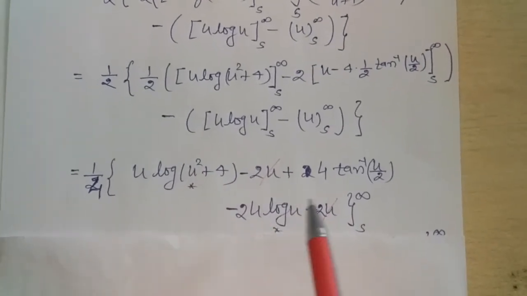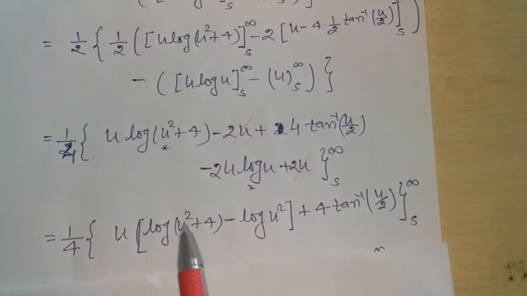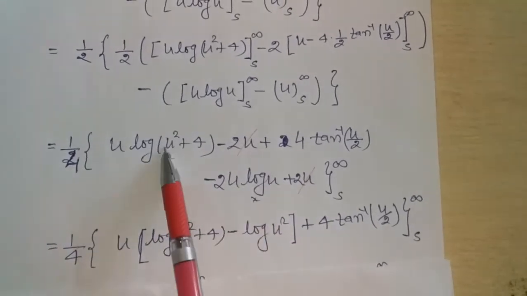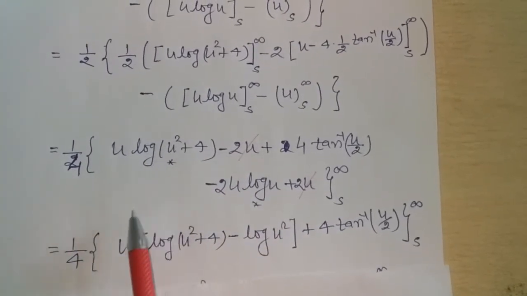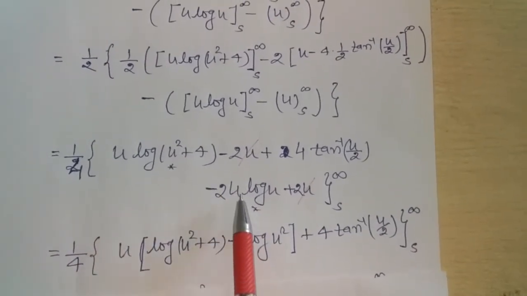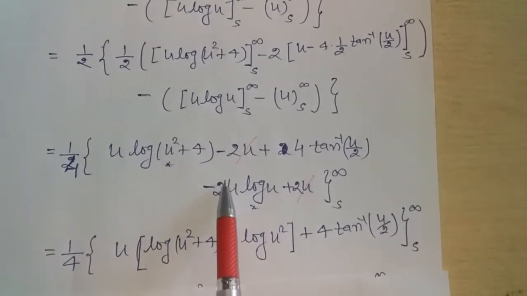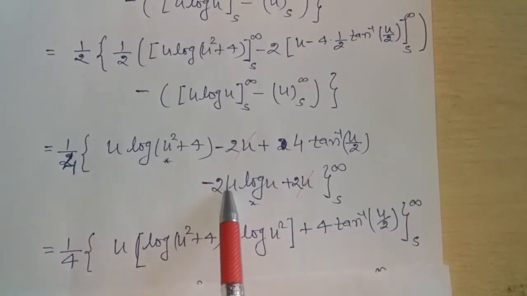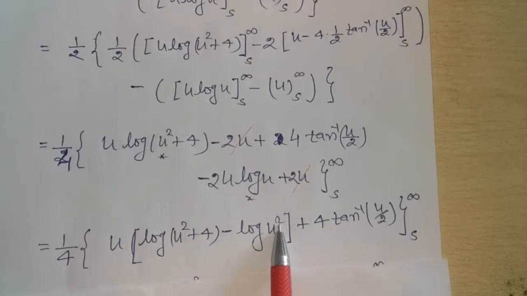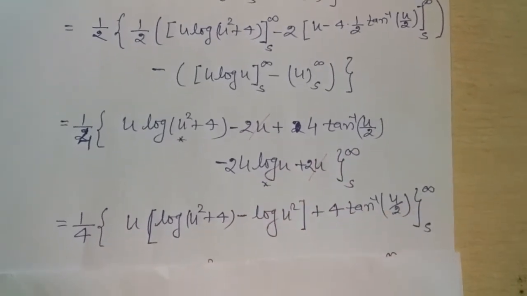Now negative 2u and positive 2u cancel, so we have 1/4. Now from these two terms we take u common, so we have u into log(u² + 4) minus 2 log u, and using the property of log, this 2 multiplied goes in the power, so we have log u² plus 4 tan inverse (u/2) from s to infinity.